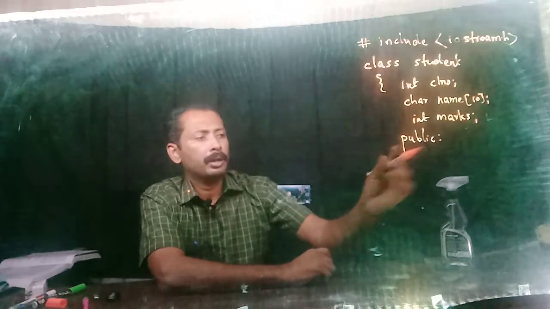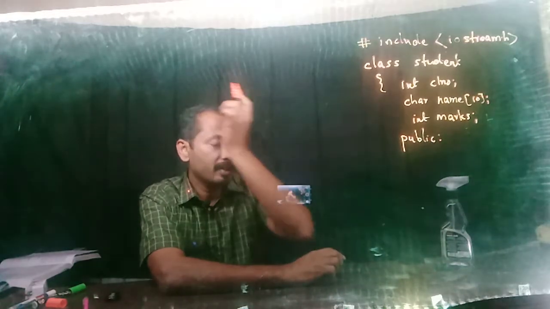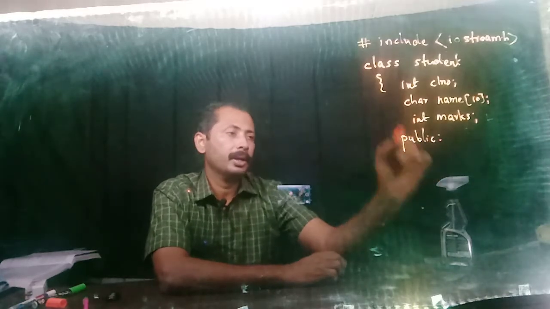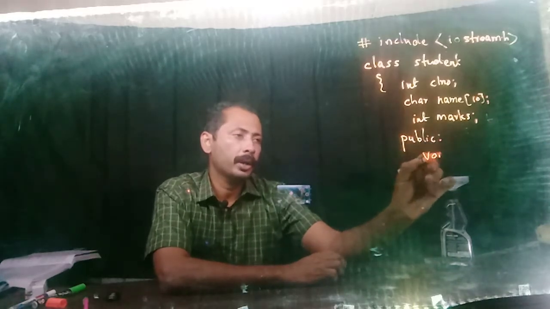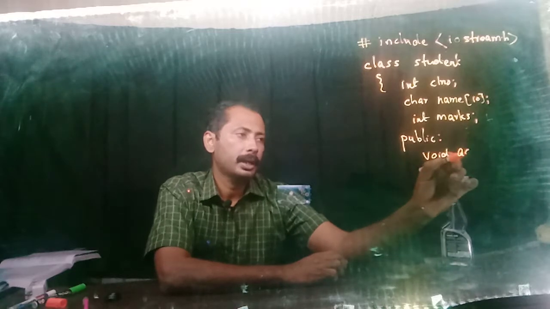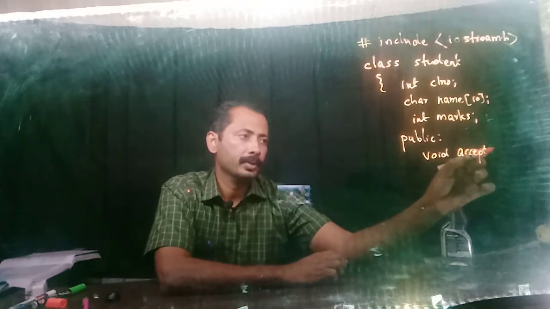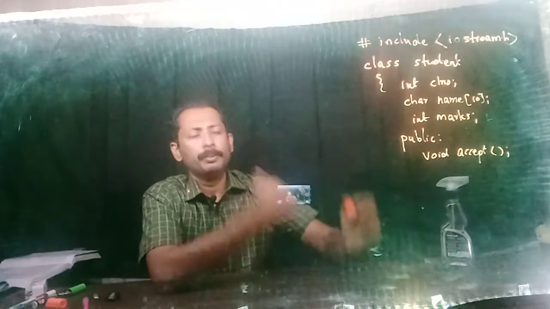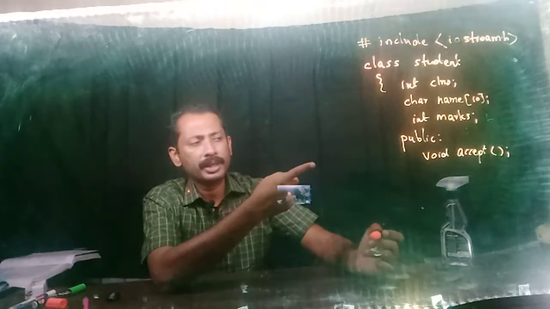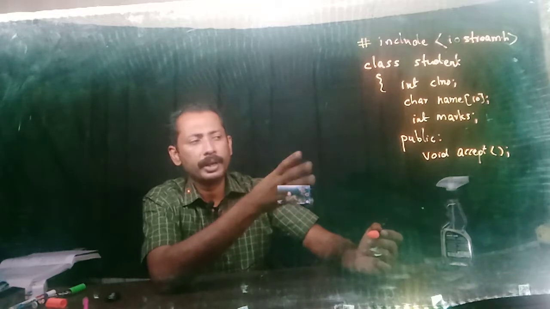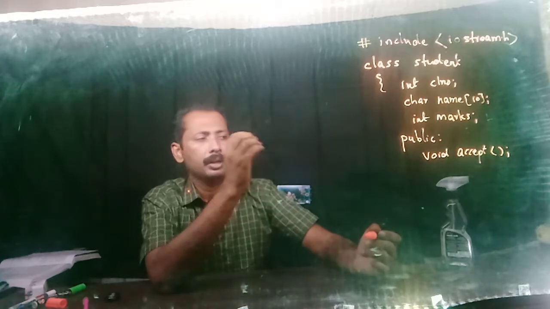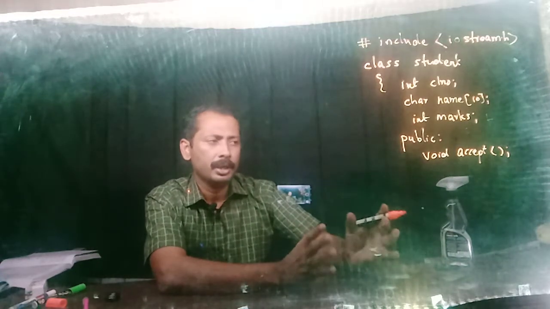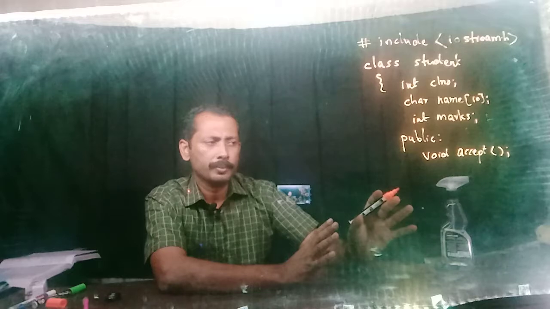So I am giving a function name here, which is given as public, and this I am giving as void accept. Okay. And I am giving a semicolon here. It means that now the function has no body. Void accept. As you have studied in C, the function name is accept, and it has no parameters.